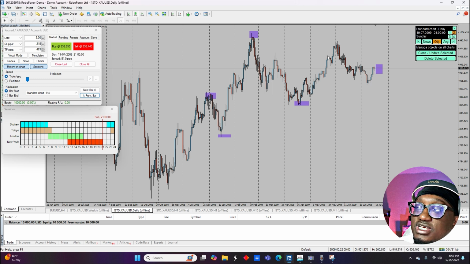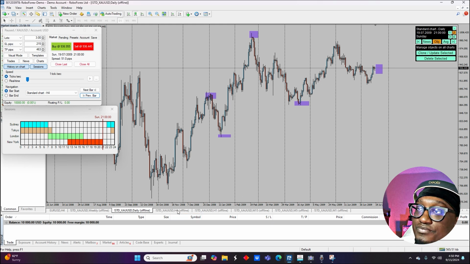But in this situation, it hasn't taken out this high yet. It just stopped here, which means this is considered ranging. It's just ranging within this. But where price is right now, we consider it bullish. So as of right now, the daily and the weekly are bullish.